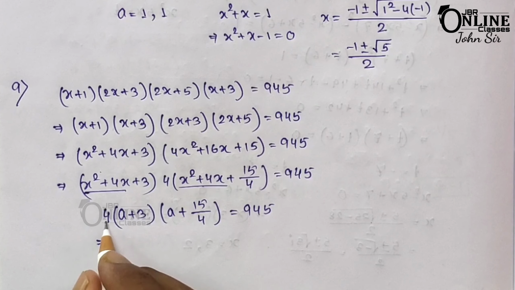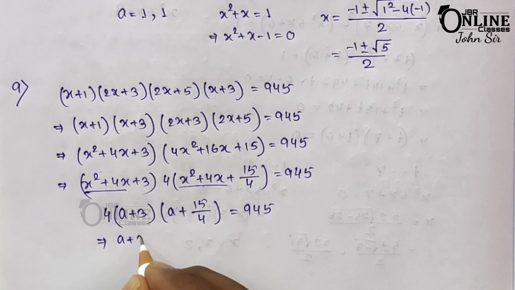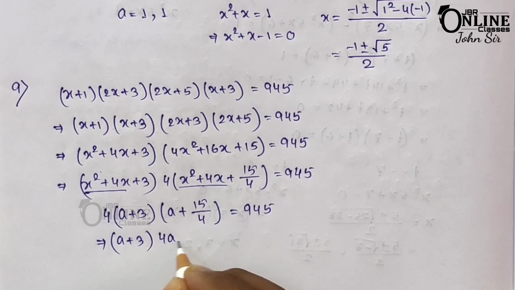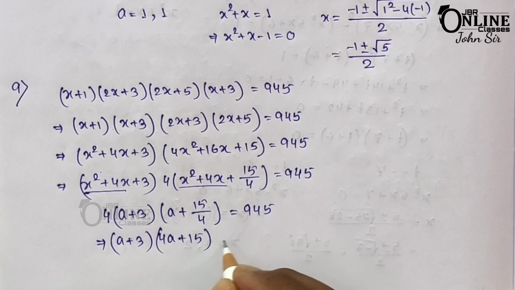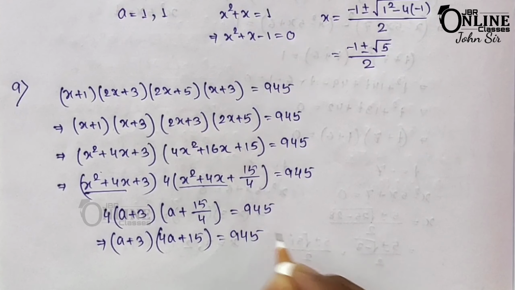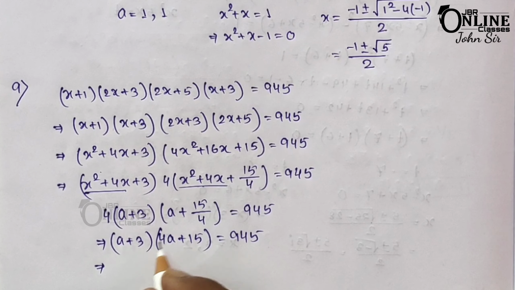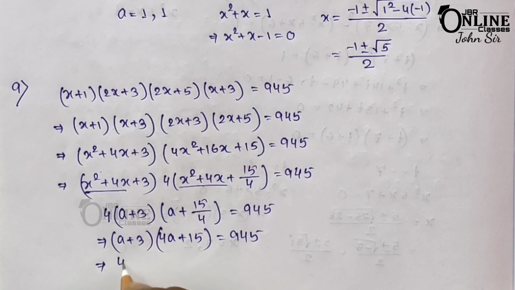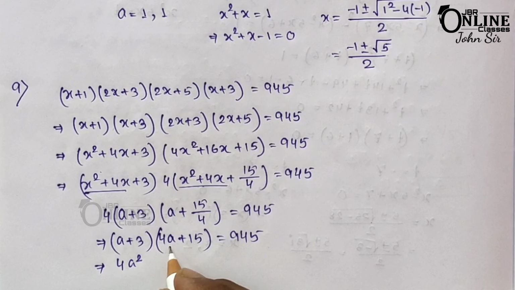So now if you multiply this one with 4, you will get 4a plus 15 that equal to 945. Clear? Now if you multiply this one, then you will get 4a square, and here you will get 4 into 3, so it's 12a, and here 15 into a, it's 15a.